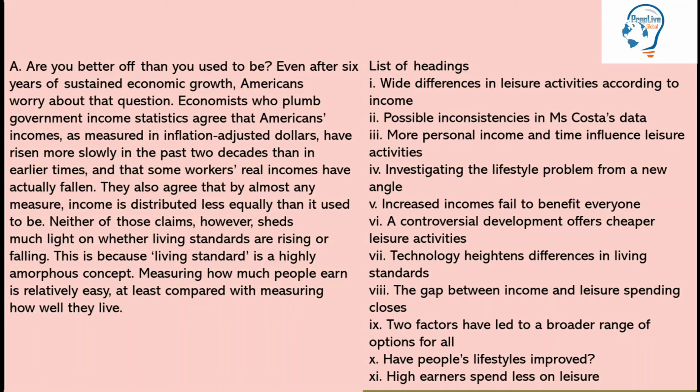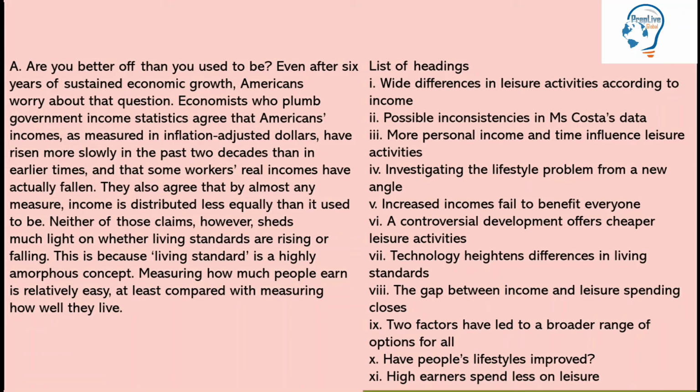They are not answering us exactly. It means it's still a question. Now, this is there. It means they are not telling us the new thing. They are supporting that point only. This is because living standard is a highly amorphous concept. Then they are saying measuring how much people earn is relatively easy, at least compared with measuring how well they live. They have not given us an appropriate answer.